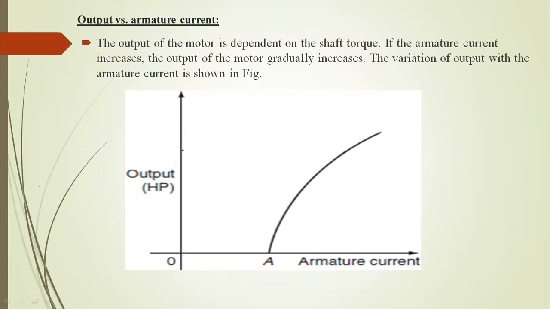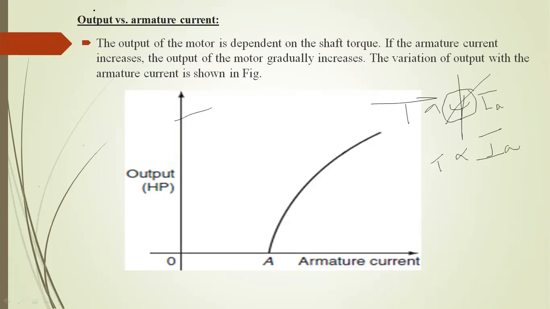Earlier we have discussed that torque is directly proportional to phi Ia, where the flux per pole in the DC motor is constant. So we are neglecting the flux. Therefore, the torque is directly proportional to Ia.